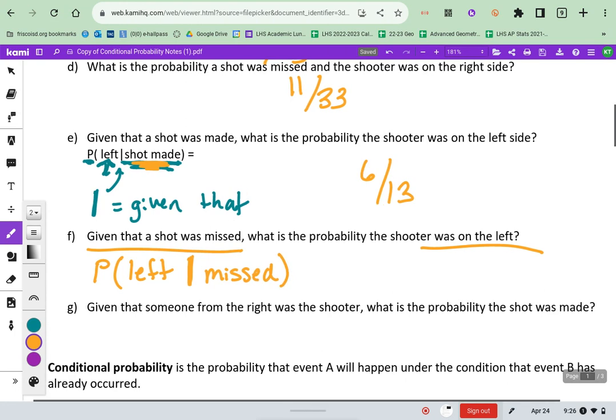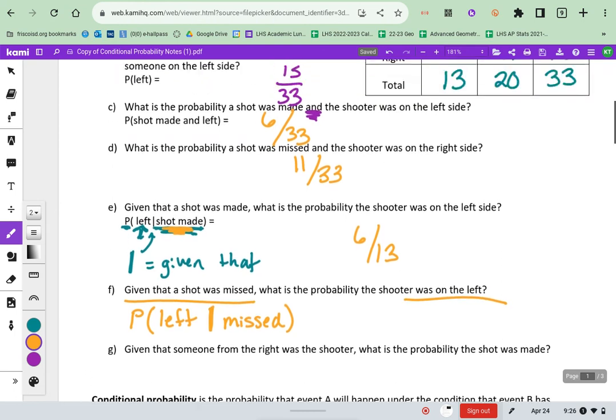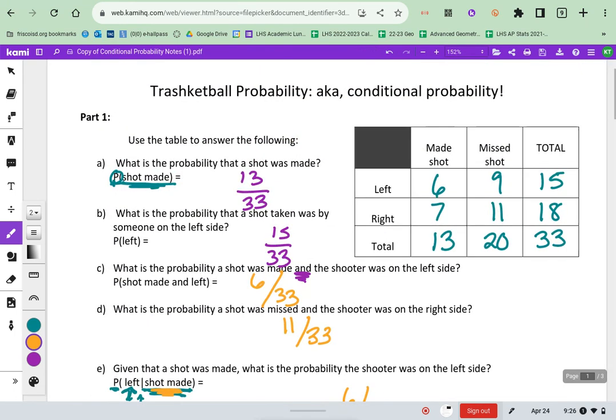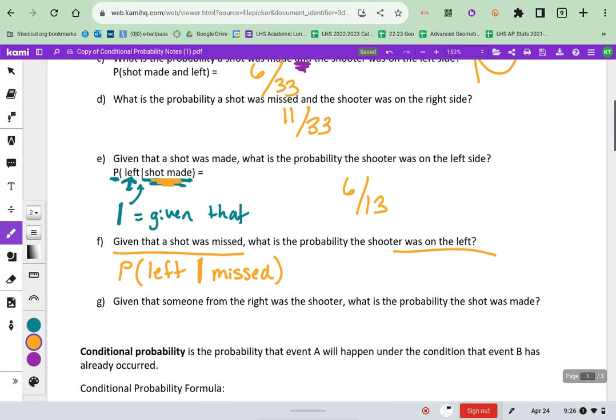Looking at my table, I'm only looking at missed shots, so right away my denominator is going to be 20. Given that it was missed, the probability it was on the left is 9 out of 20.